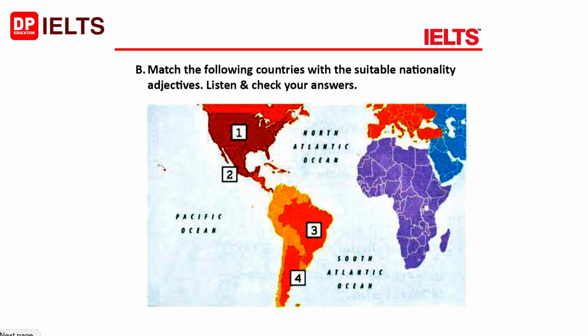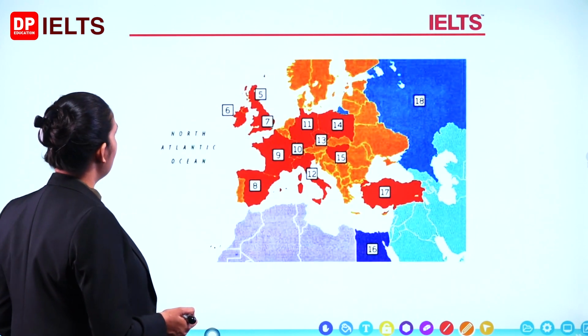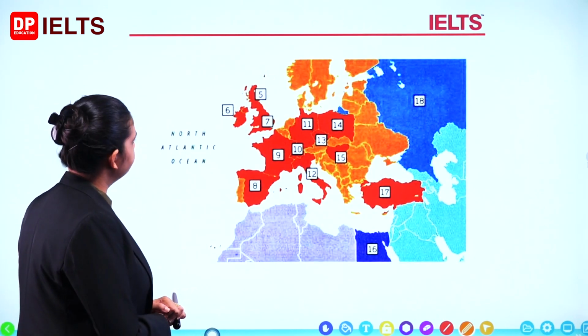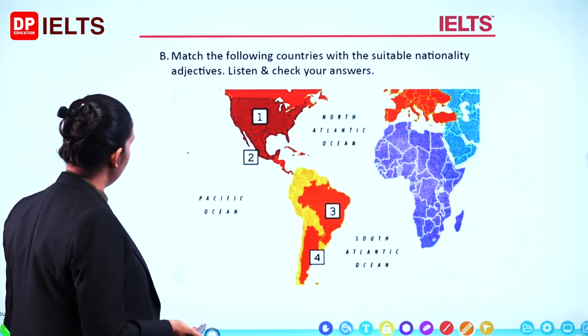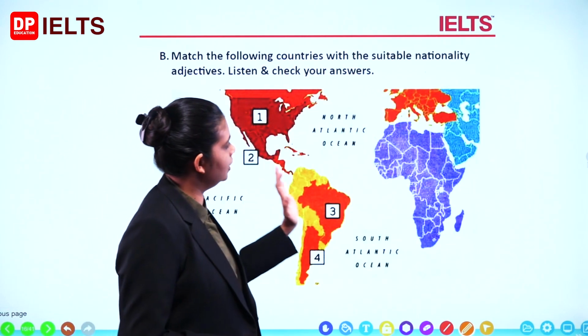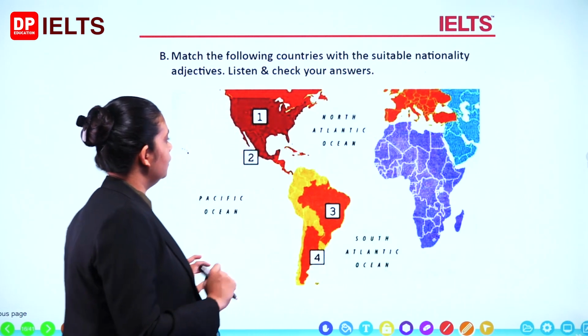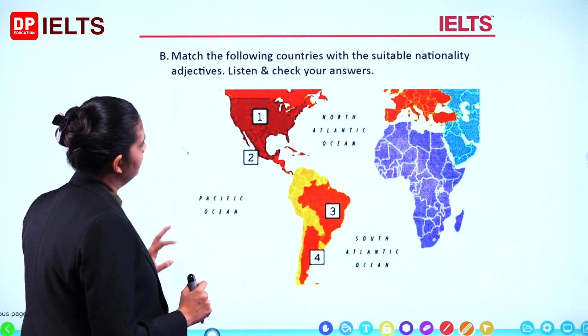Match the following countries with the suitable nationality and adjectives. Right, so here you've got some countries. You're supposed to match them. Alright? So I'll just show you so that you can just get it into your head and then you'll have to move back and forth to have a look at the numbers, right?